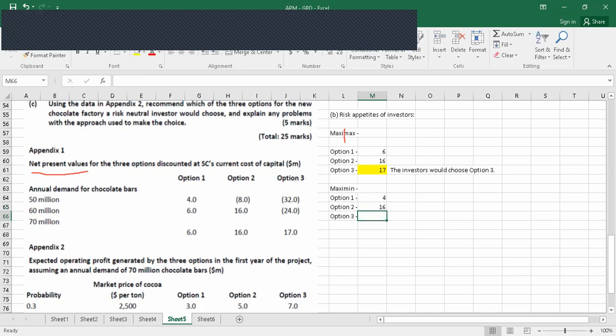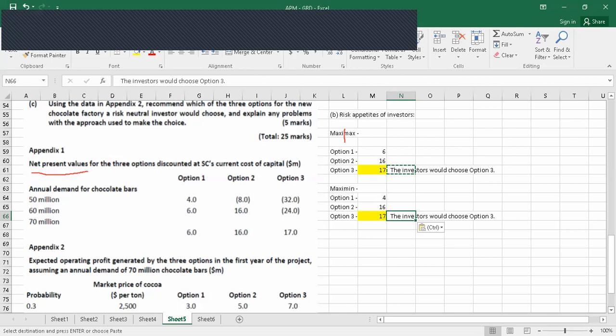Okay, then comes option 3. Then again nobody would want to go with a loss, because the first 2 options have a loss. So here as well, we see that the investors would go with the choice of option 3.